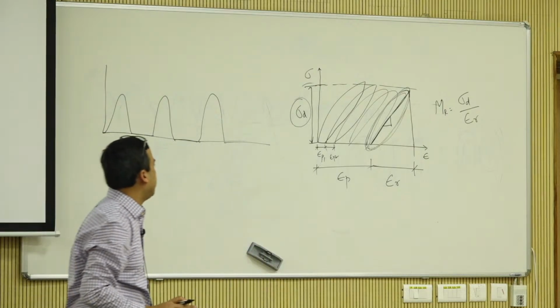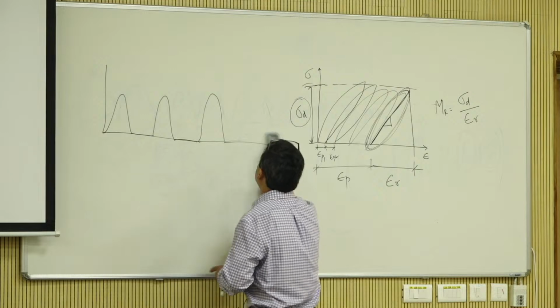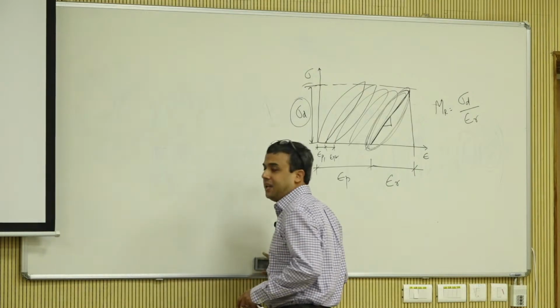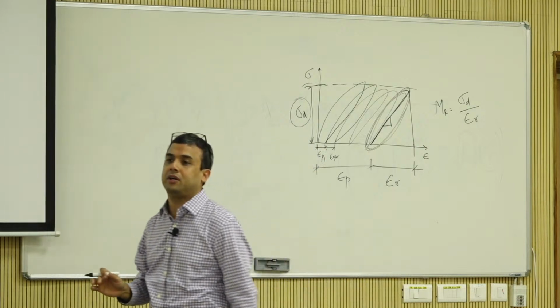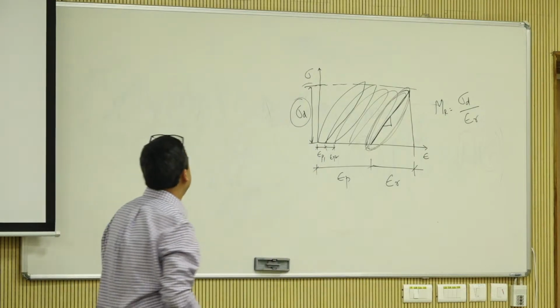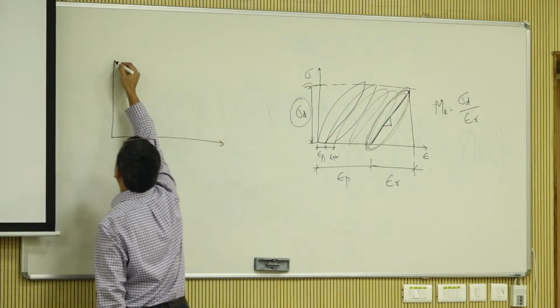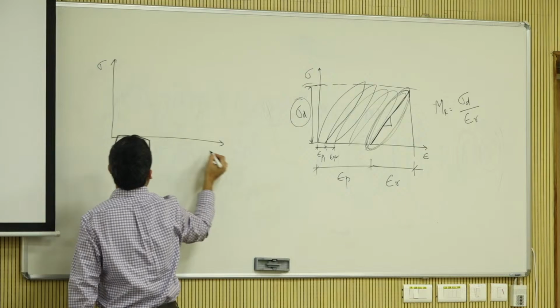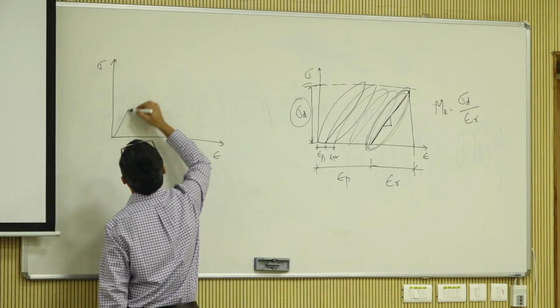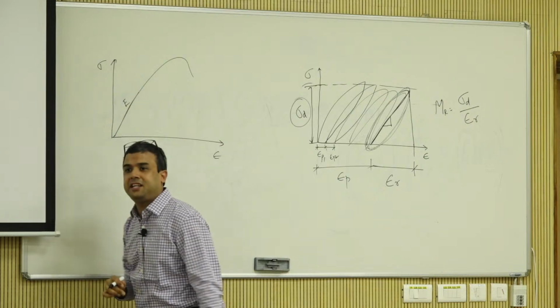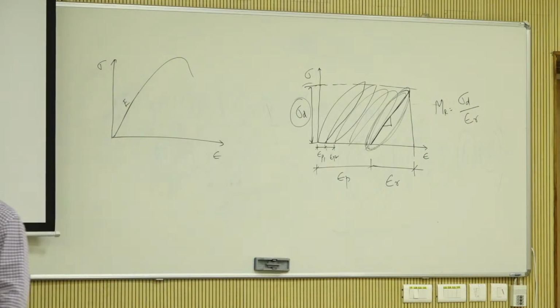This is the basic understanding, and these are questions I usually ask for MTech final exams and PhD qualifier exams. If I am on a committee, I always ask: what is the difference between elastic modulus, or Young's modulus, and resilient modulus?